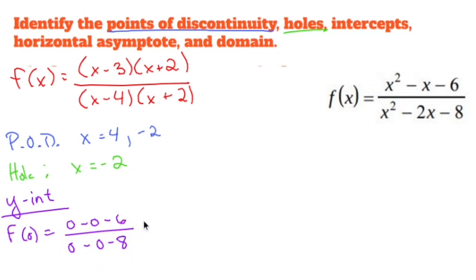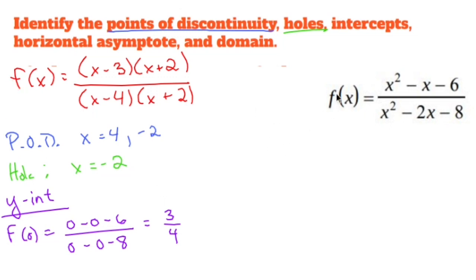That simplifies to -6 over -8, which is positive 3/4. That's my y-intercept.